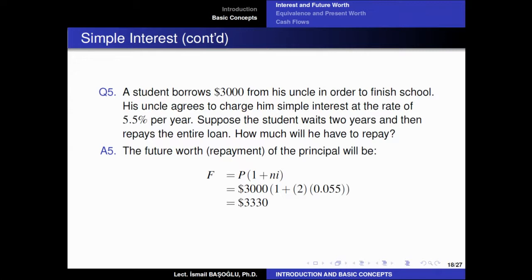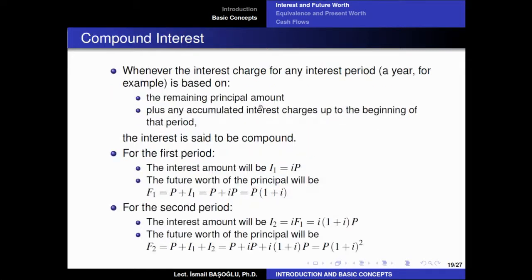Okay, so as it is explained here, when you are going to calculate the interest charge for any interest period, any year, then your calculation will be made on the remaining principal amount plus the accumulated and unpaid interest charges up to the beginning of that period.